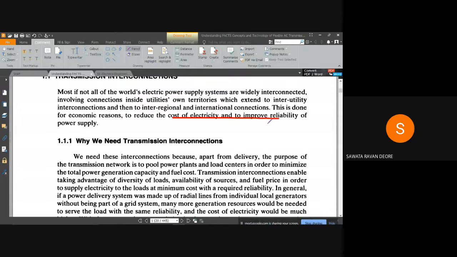In order to motivate customers to consume power during the normal load period, meaning the base load period, rather than during the peak load hours, they are motivated by a tariff system based on that.